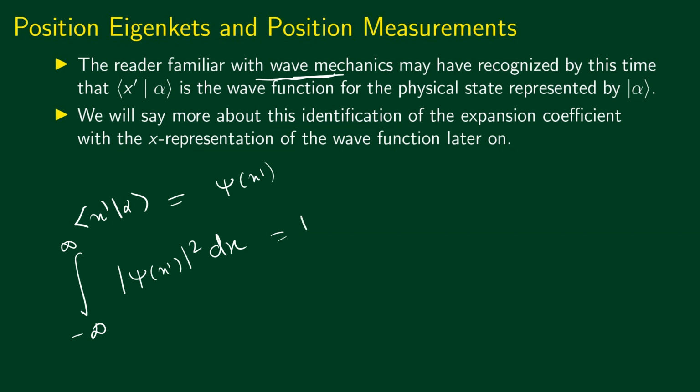This was the normalization condition. So basically wave mechanics is just quantum mechanics in the position basis, or in the coordinate representation. We'll talk more about this later on.